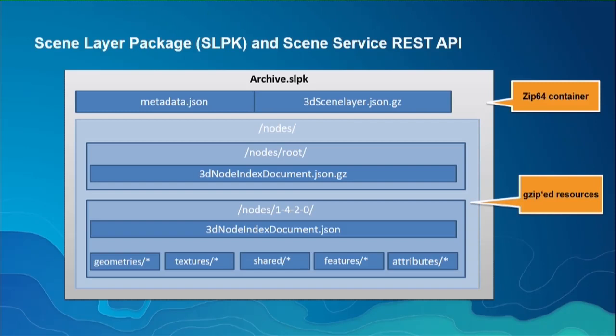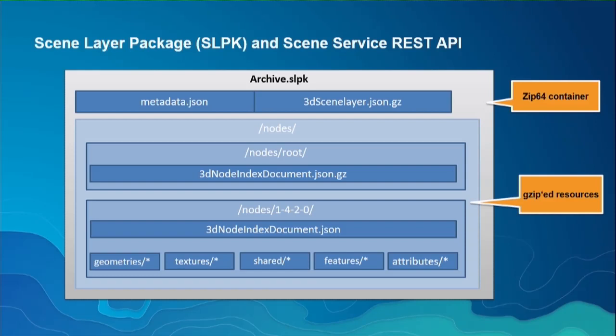It's just a store, but individual resources are compressed. What that means is that the scene layer package is just as good as a zipped or highly optimized package, but a consuming client does not necessarily need to explode it or extract it before it can traverse the tree and consume it.